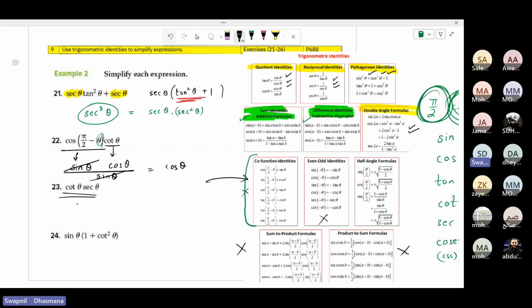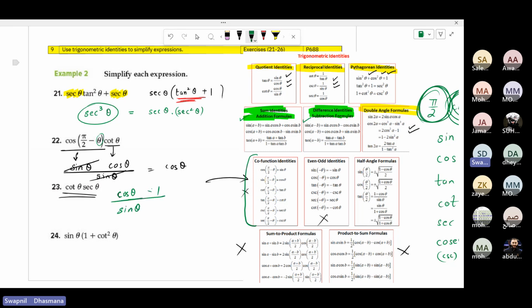Example here. Cot and sec. There are two things. So I change cot into this and sec into this. Change everything to sine and cosine because that's the basic unit. So cot is cosine theta divided by sine theta.